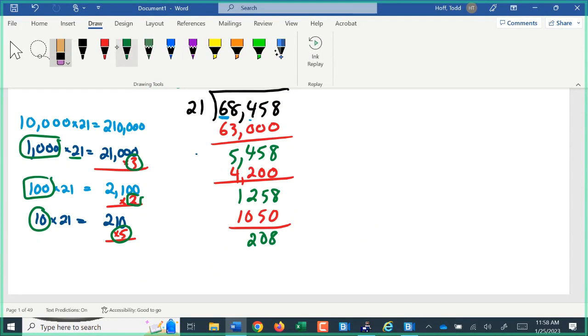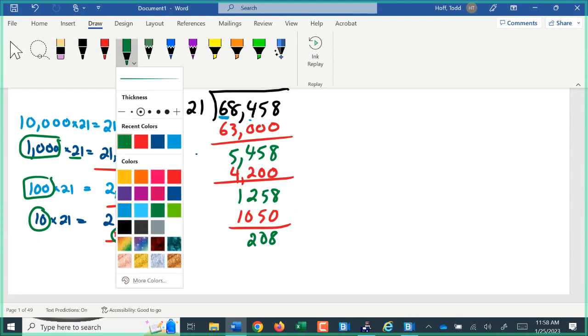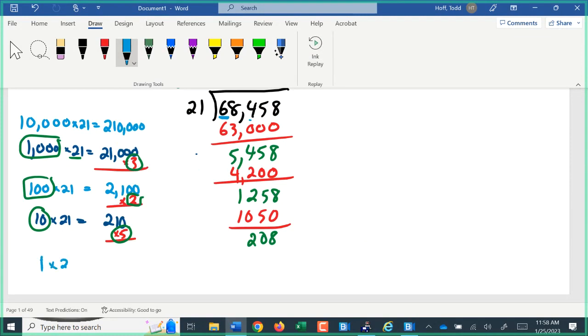And of course, now I'm down to just the ones place. 1 times 21 is 21. I can take that away from what's left 9 times. 21 times 9 is 189, which will leave us with 19.